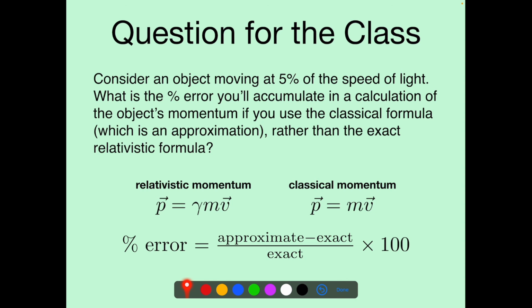How much error do we get if we use p equals mv, the classical formula, versus the relativistic p equals gamma times mv? So remember, percent error is approximate minus exact over the exact value times 100. So try to work this out, pause the video, and then come back to it when you have your answer.